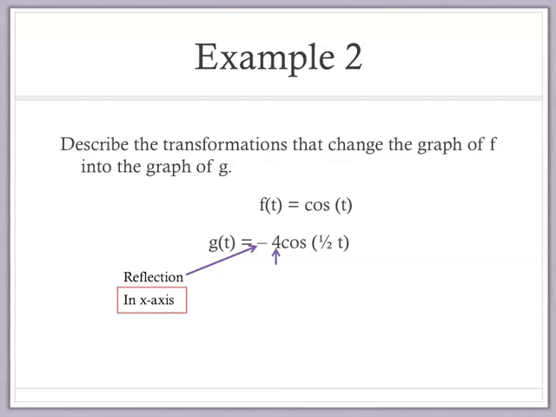Next we have the 4 there, that's going to change the amplitude, so it has an amplitude of 4. And lastly we have that 1/2 in there, so that's going to change the period. Remember the period is 2 pi divided by b, so 2 pi divided by 1/2. You can think of that as multiplying by the reciprocal, so that's 2 pi times 2, which is equal to 4 pi.